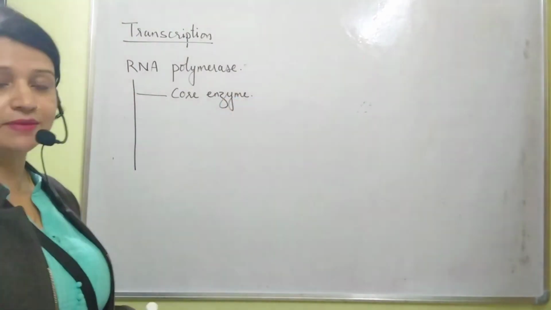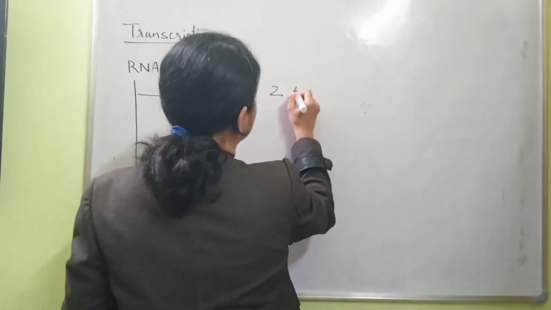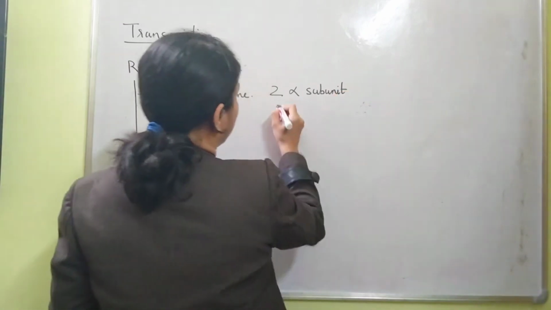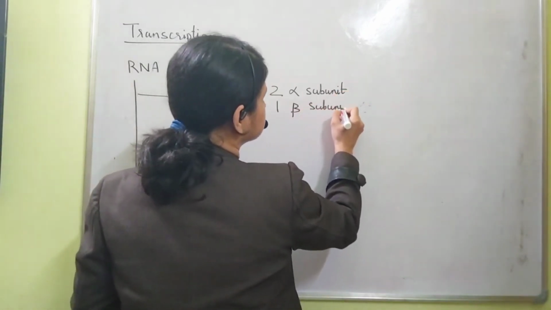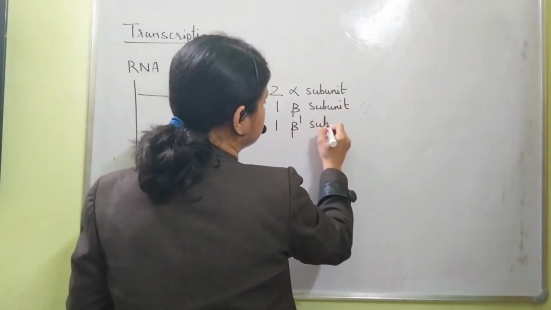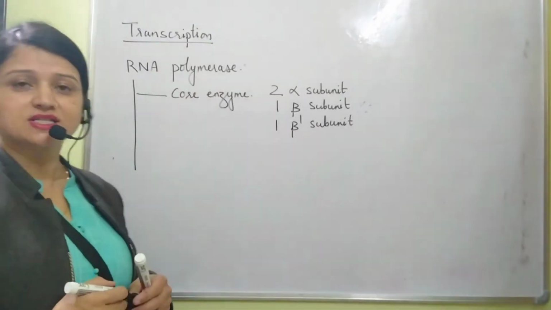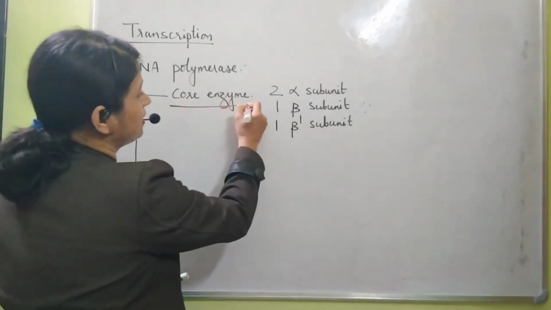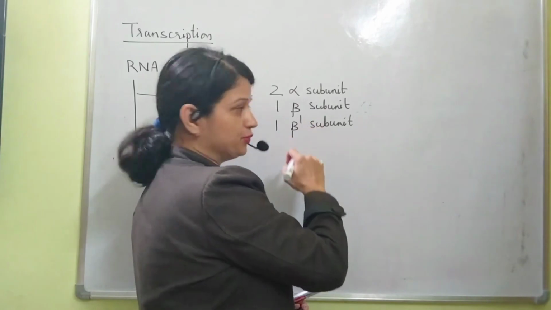This core enzyme contains 4 subunits: 2 alpha subunits, 1 beta subunit, 1 beta dash subunit. All these subunits are always united together and they constitute the core enzyme. Now let's see what is the function of these subunits.